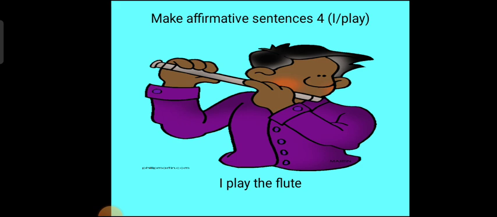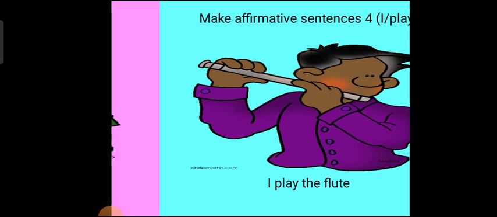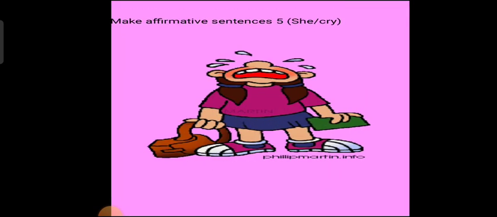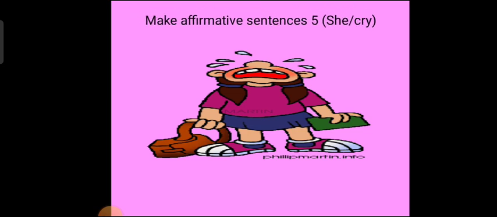I don't add anything to the verb because the subject is I. She cries. Here you can see ies at the end of the verb because the verb ends in y, and before y we can see a consonant letter.